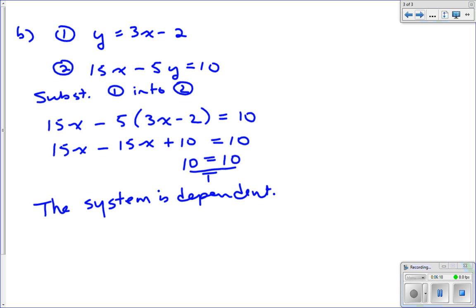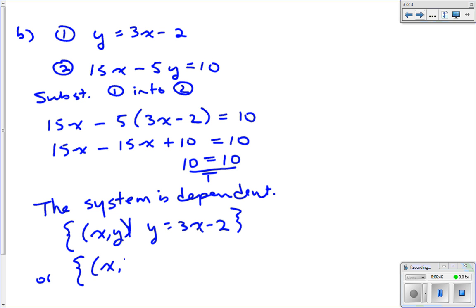Okay, so really there's an infinite number of solutions, and if we had to write our solution set out, we could say that the solution is the set of all x and y pairs such that y equals 3x minus 2. Okay, so every point from that first line is a solution to the whole system, or every point on the second line is a solution.